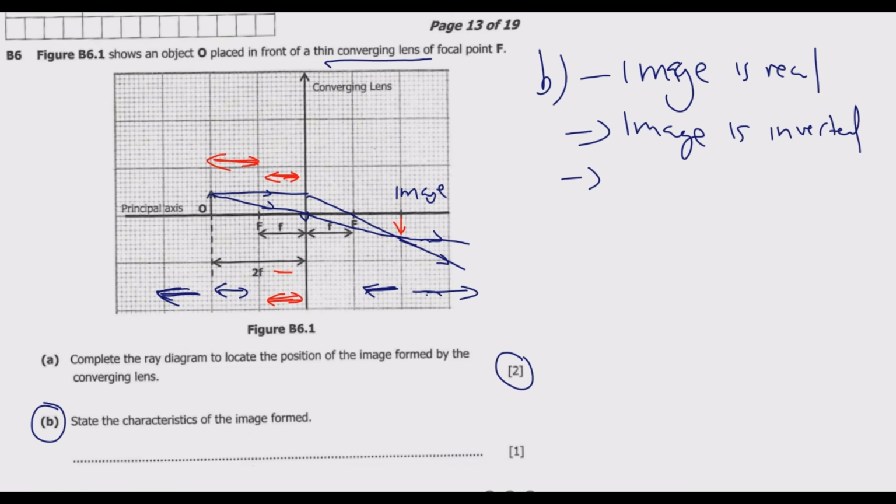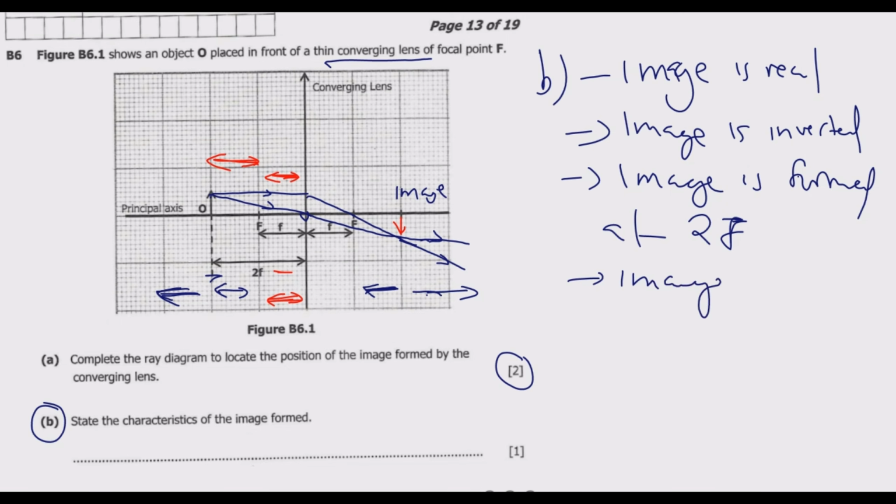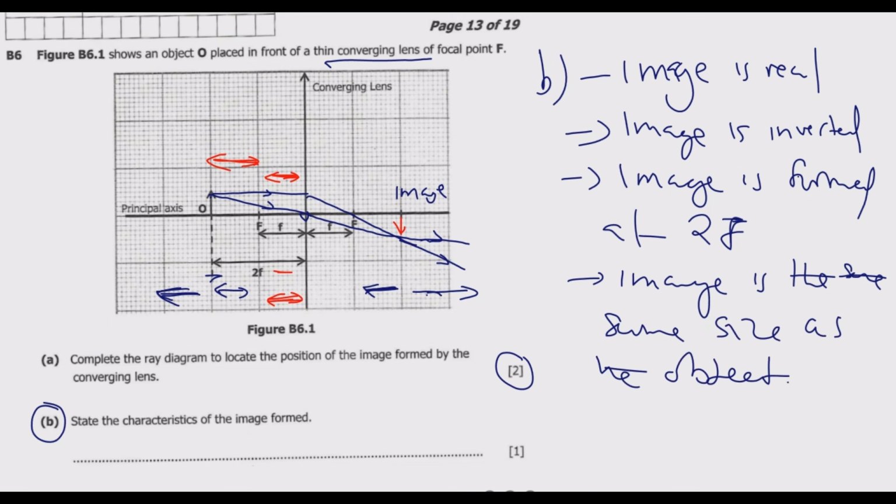Number three, because the object is at 2f, like I have already talked about, the image is formed at 2f. So because the image is also formed at 2f, this implies that the image is the same size as the object.